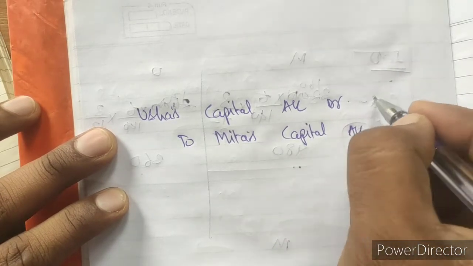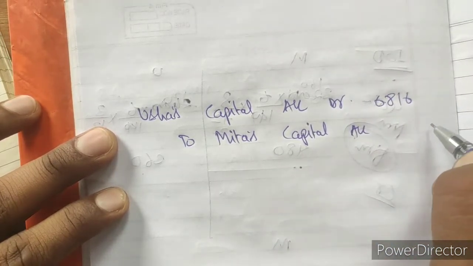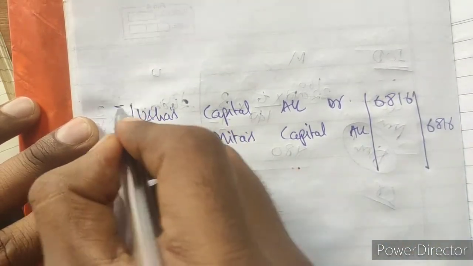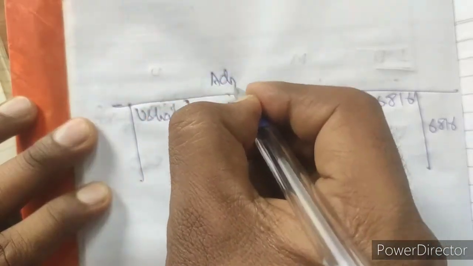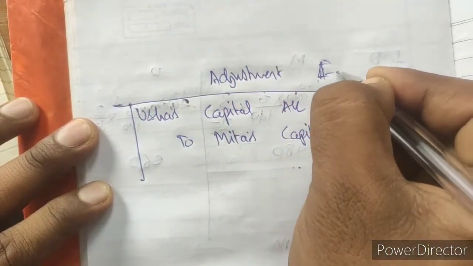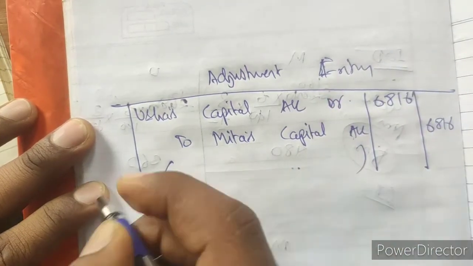USA capital account is debited by 6,860 and credited by 6,860. This is the adjustment entry. Pass the notes.